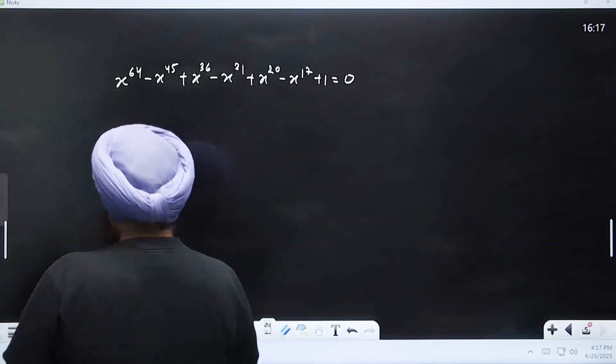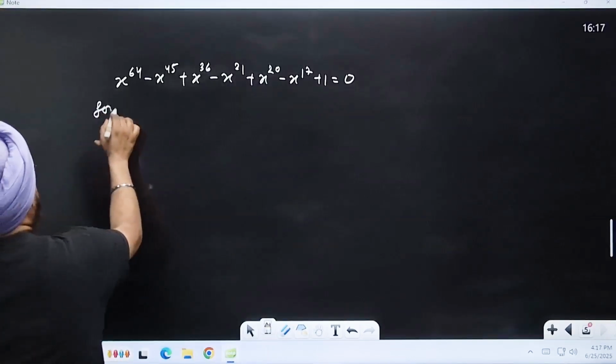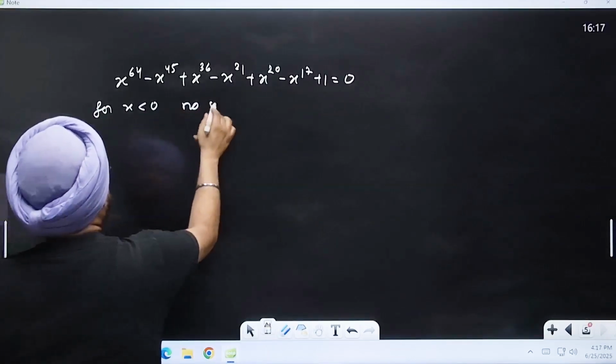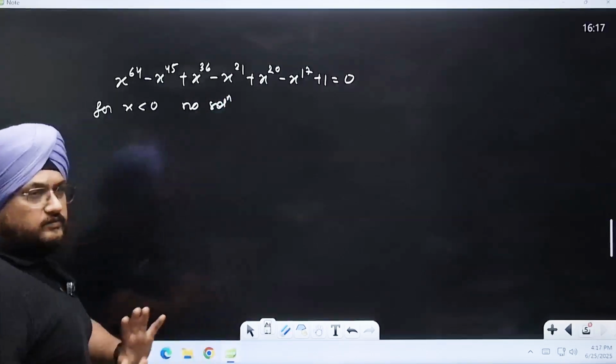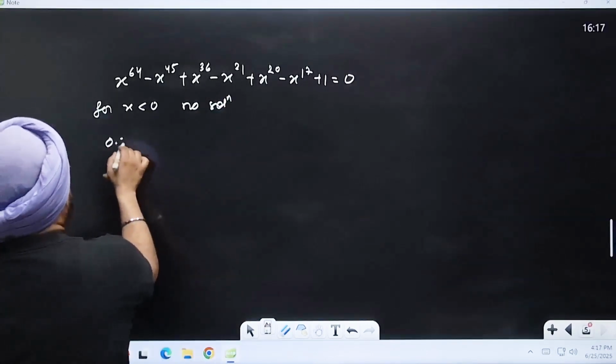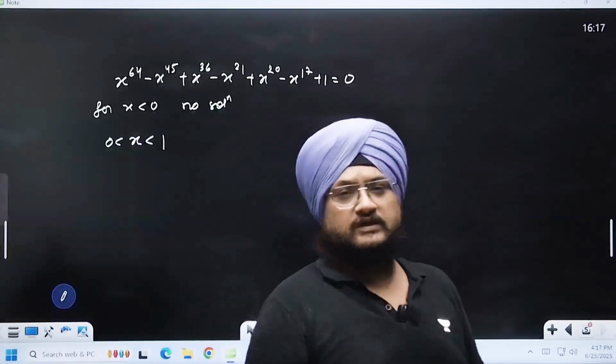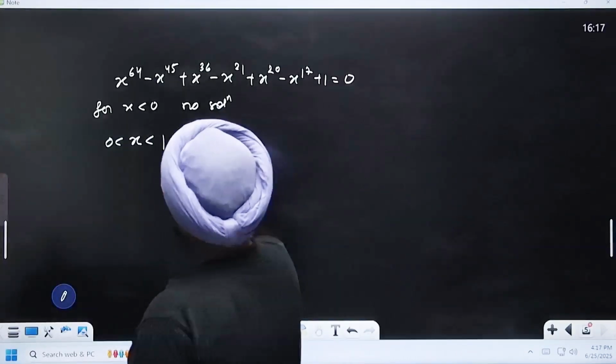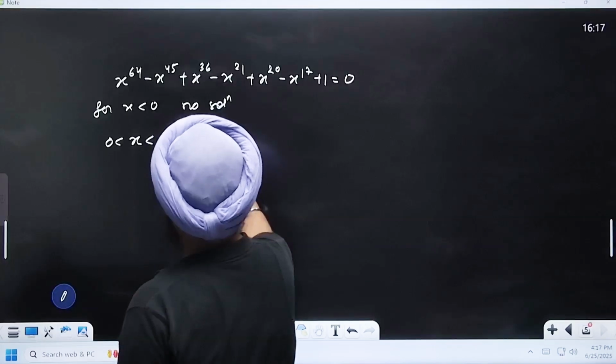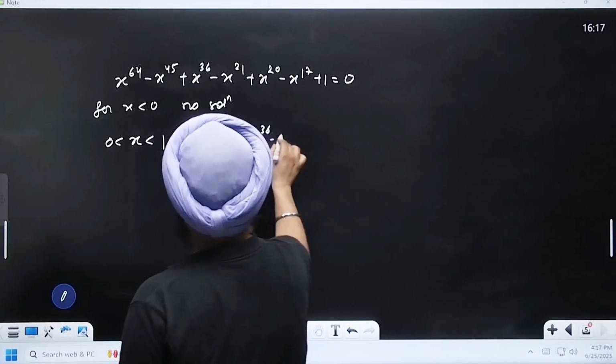So we have already proved that for x less than 0, no solution. This is done in option A. Let's take the value between 0 and 1. If x is between 0 and 1, then we write this equation like this.